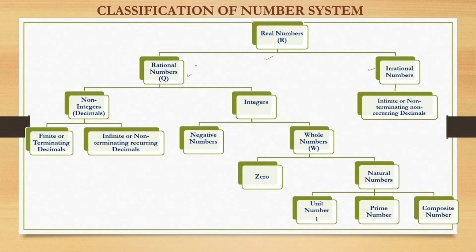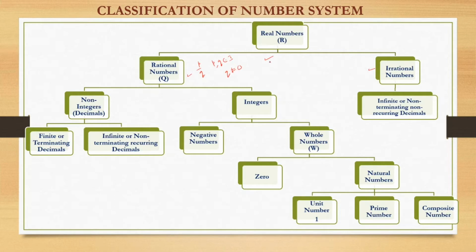So, what is rational number? Any number which can be represented in the form of p by q, where p and q are integers and q not equal to 0. So this is a rational number. What is integer? Integers are such numbers which do not have decimal in it.